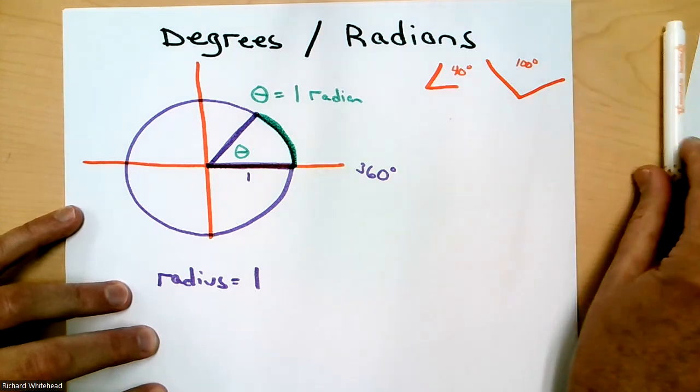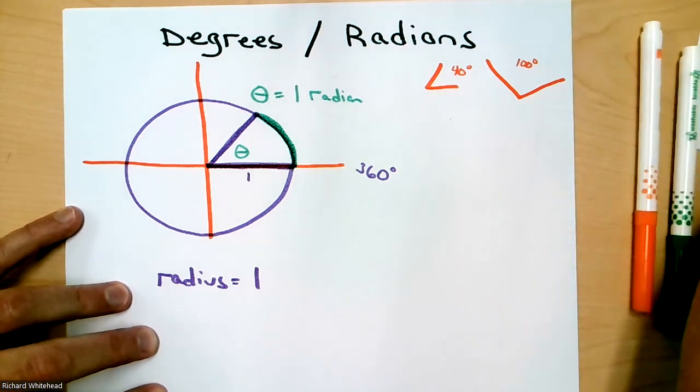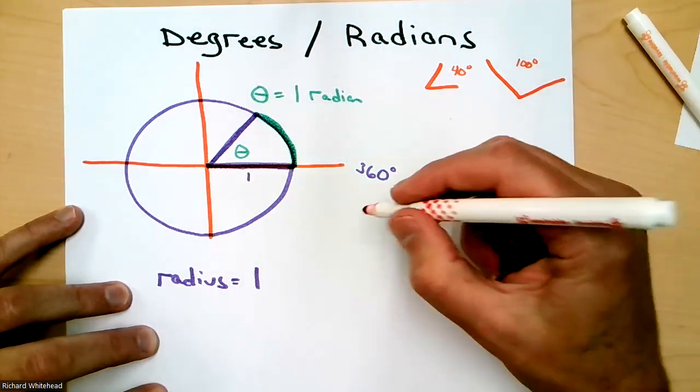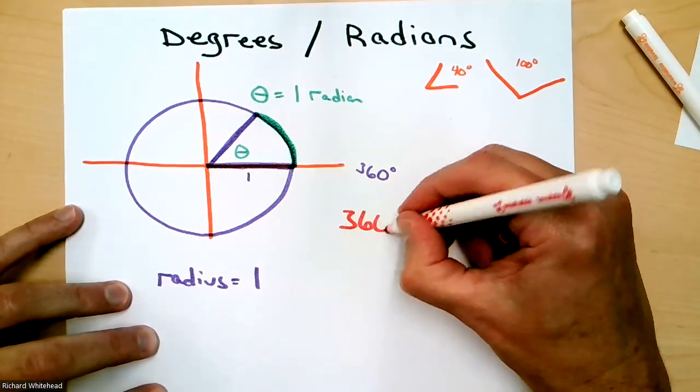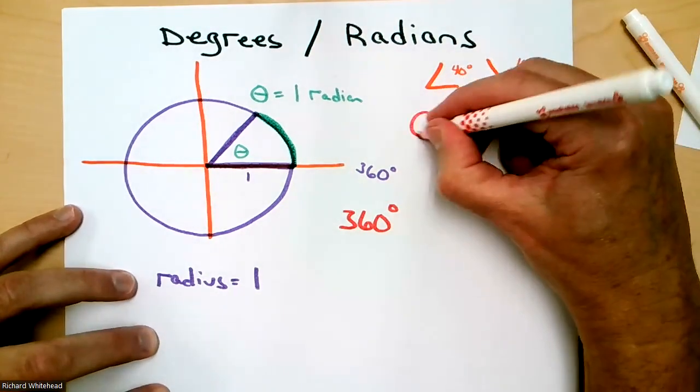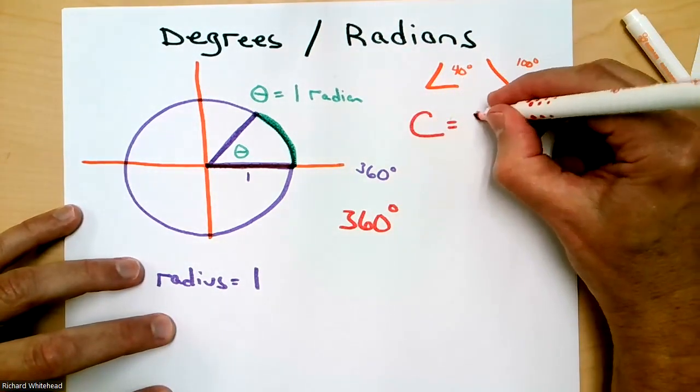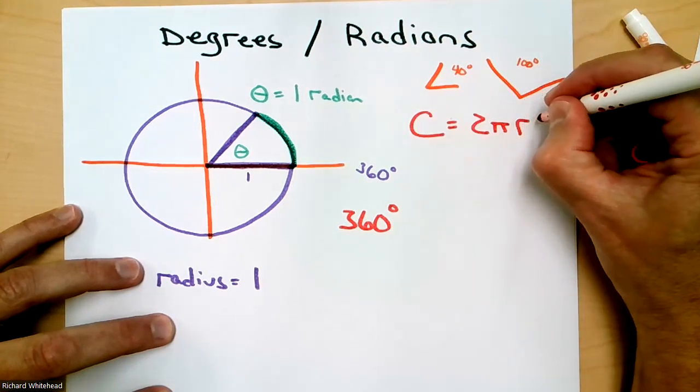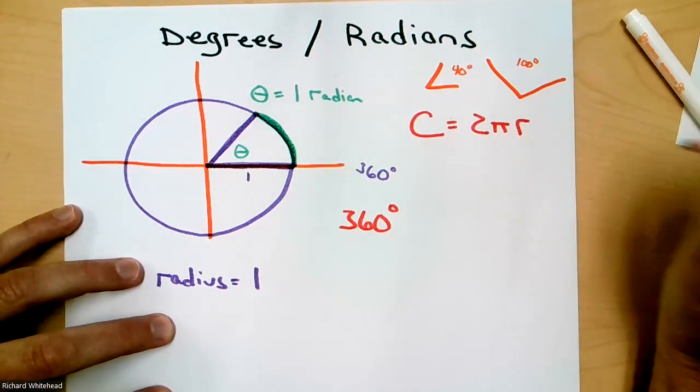You know that the entire circle is 360 degrees. We also know that the circumference of a circle is 2 pi r, R being the radius, not radians.